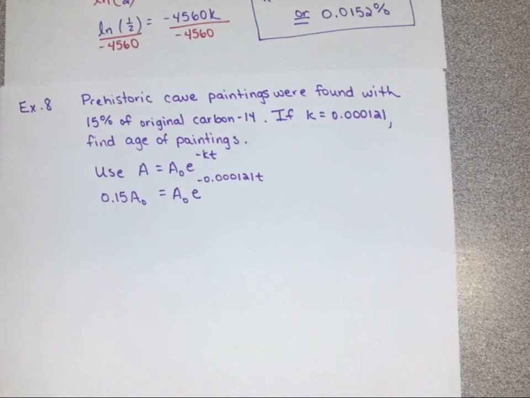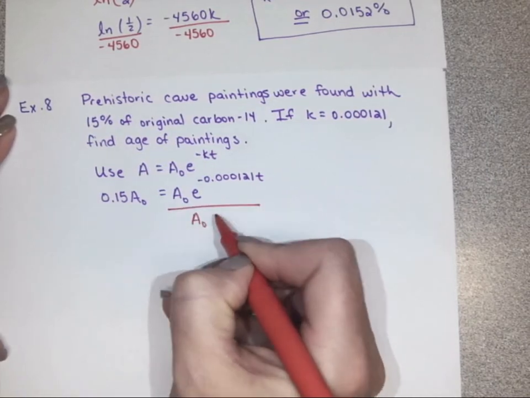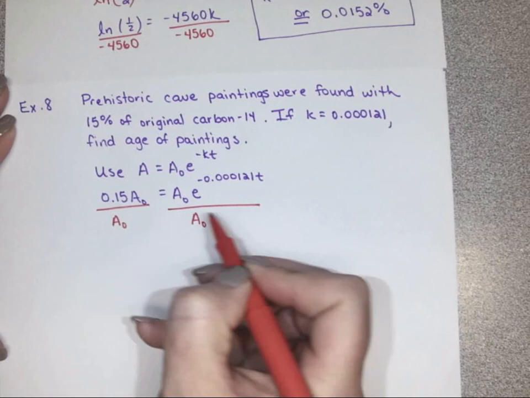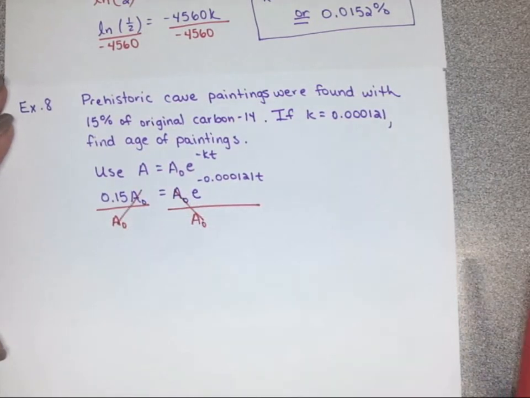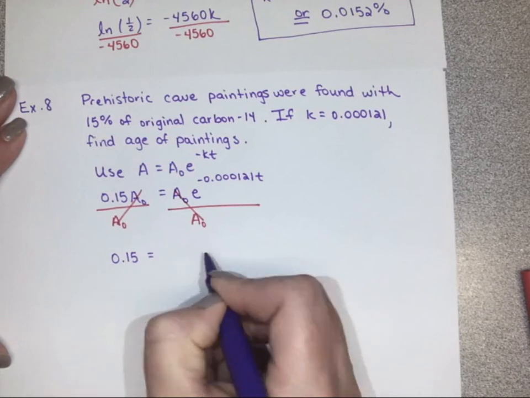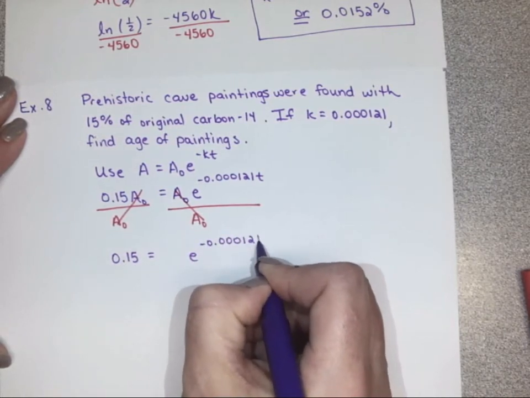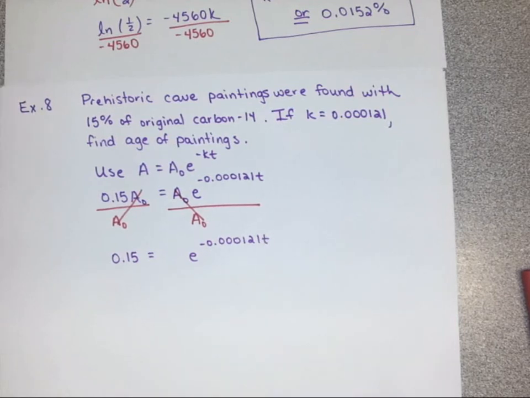And then notice once we get it set up, it's really close to the previous two that we did, right? We're going to divide by a sub 0. So the a sub 0's go away, and we're going to get 0.15 on the left, and then e to that really, really tiny decimal on the right.